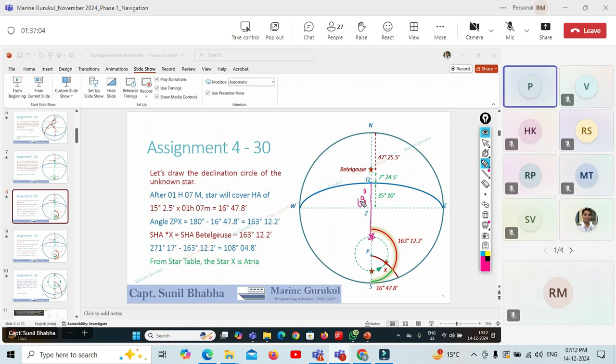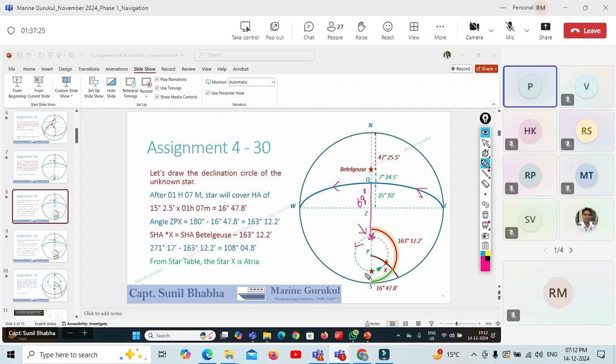So I come to this point, and this is where the star is. The unknown star is here, and it will be moving in this particular way. All the bodies go from east to west, like this. So this is how the star will be moving, and that's how we made the declination circle.